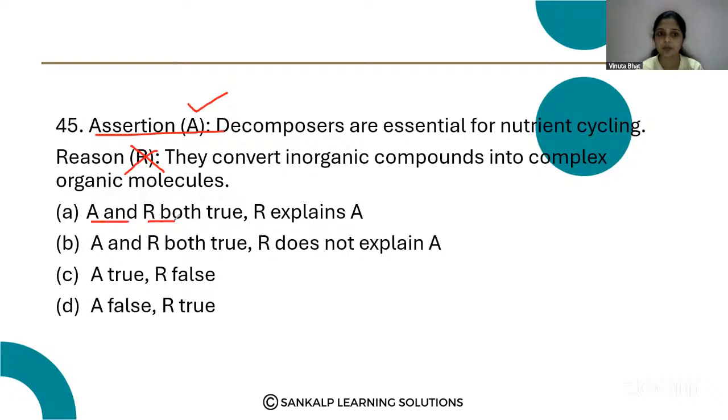A and R both true? No, A and R both are not true. So this is also a wrong option. A and R both true, this is the wrong statement. A true, R false; A false, R true. So here A is true and R is false, right? A true, R false. So option C is the correct answer.